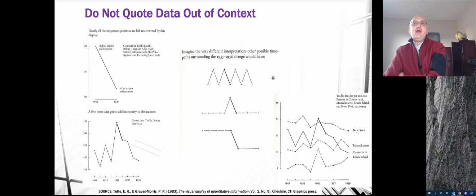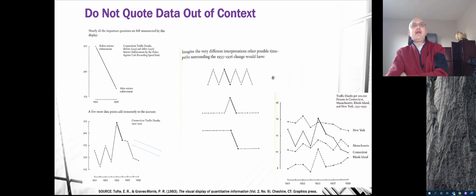So let's talk about some things to avoid. Be careful not to quote data out of context. So just get your mind around this. If you just presented this graph in the upper left, look, it says Connecticut traffic deaths before 1955 and after 1956.